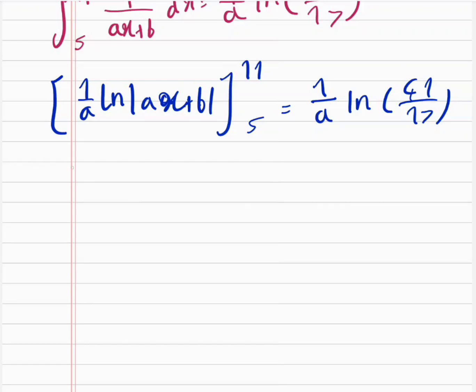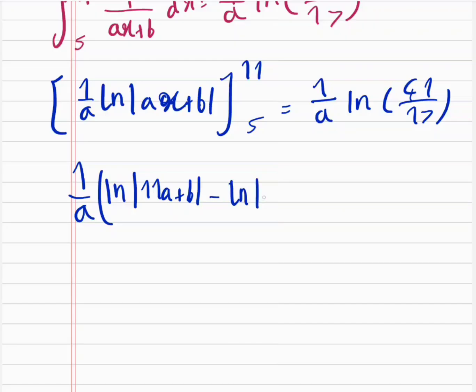So we have 1 over a, taking the factor of 1 over a out, ln(11a + b) minus ln(5a + b), and on the right hand side 1 over a ln(41/17).